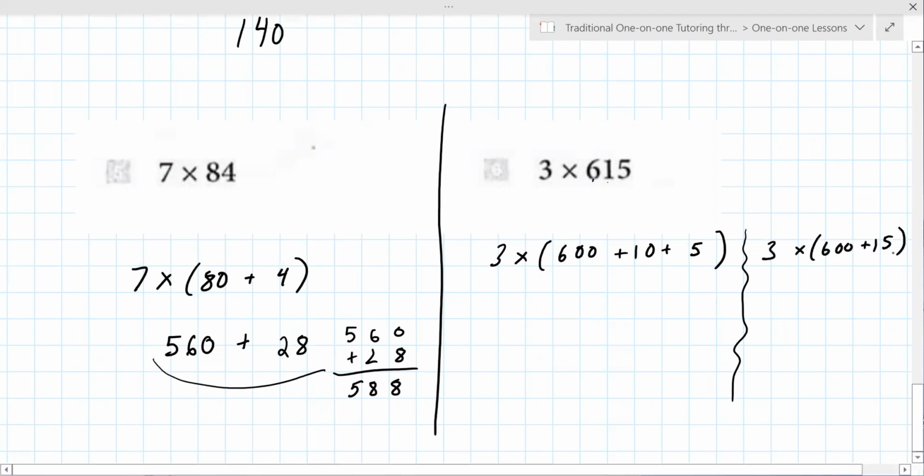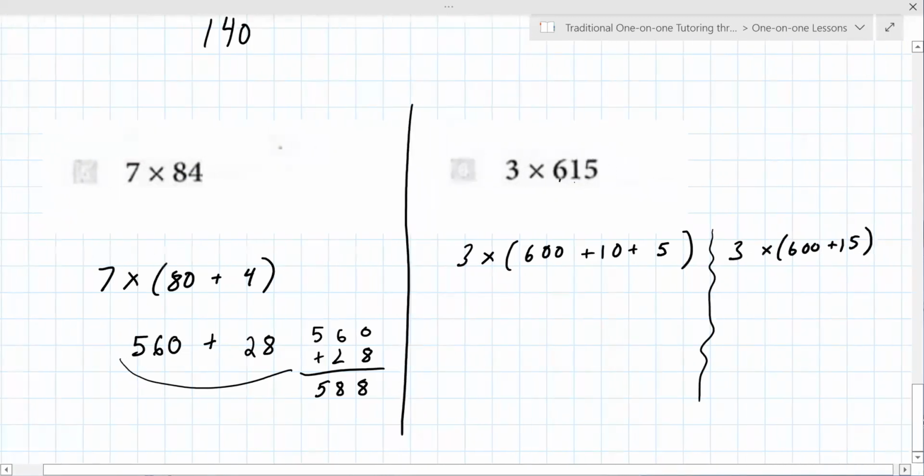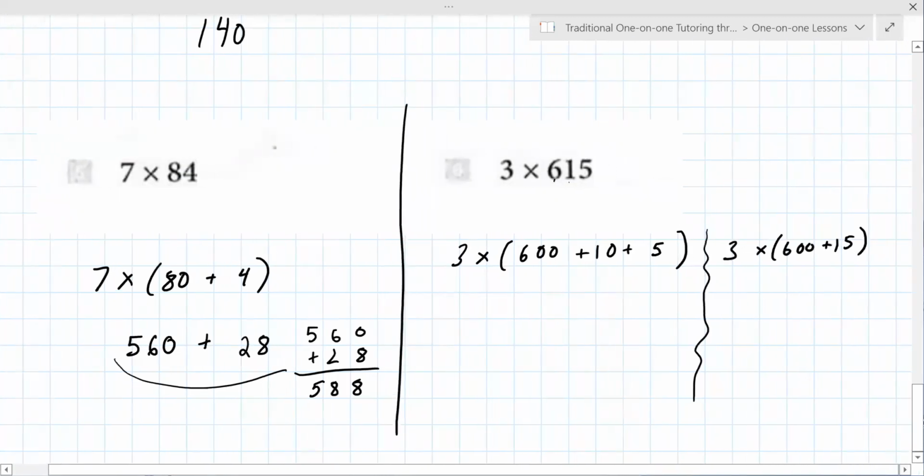It just depends on how you want to break it up. Depending on the number, it might be better to do it this way on the left. So 3 times 600, I would do 3 times 6. Can you tell me that? 3 times 6 is 18. So would it be 1,800? Yes. And then you add the 2 zeros. 3 times 10.